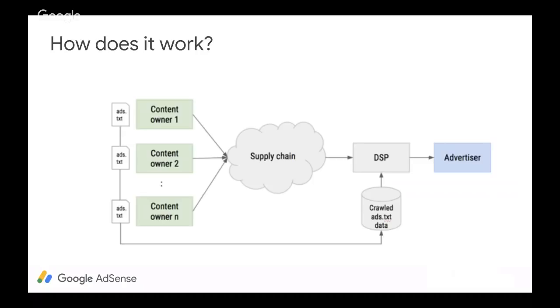So first, the publishers post these ads.txt files on their domains, authorizing sellers. And then programmatic buyers can crawl the web for publisher ads.txt files, and then they can use that information to create a list of authorized sellers for each participating publisher, and filter to match that list whenever they get an ad request.